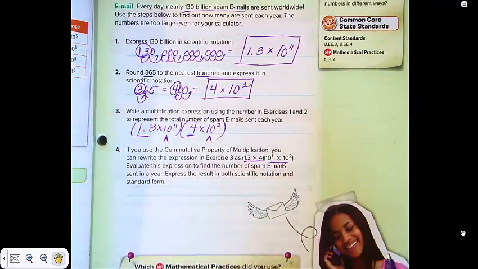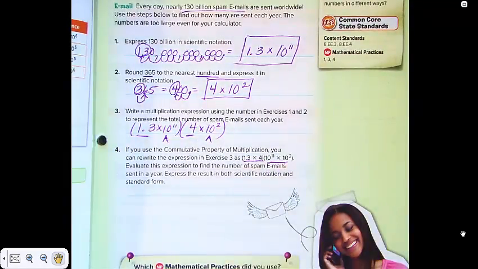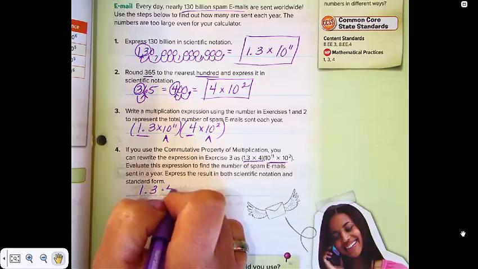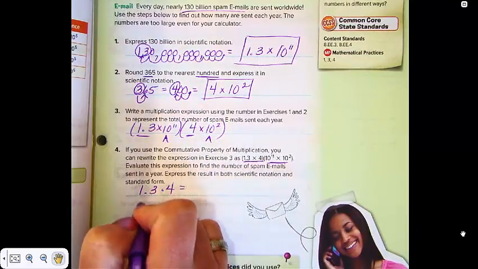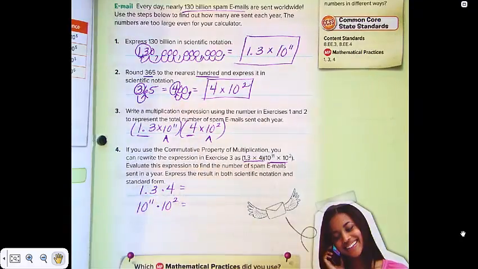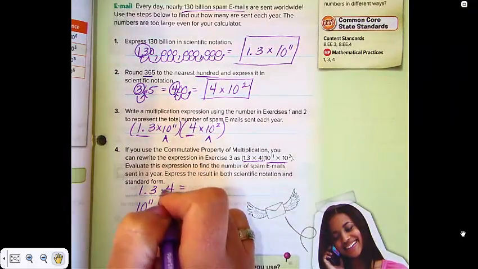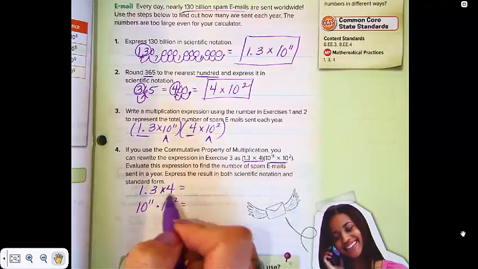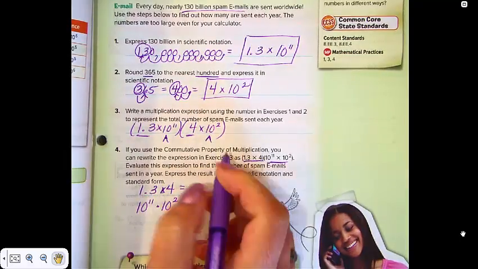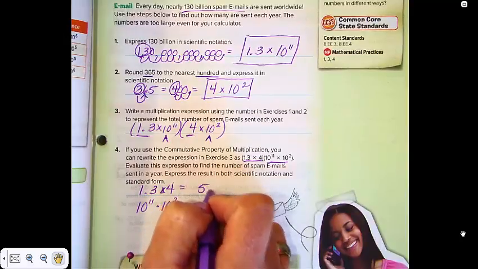And then I can multiply the 1.3 times 4, and I have 10 to the 11th times 10 squared. So 1.3 times 4, and be careful here, you know that this is a multiplication sign and that this is a decimal. Don't get those two confused. 1.3 times 4 on your calculator is a 5.2.